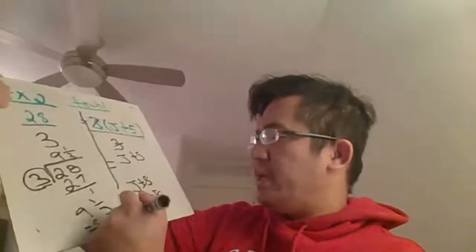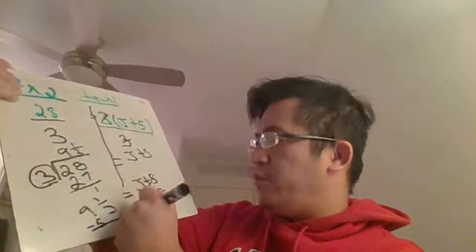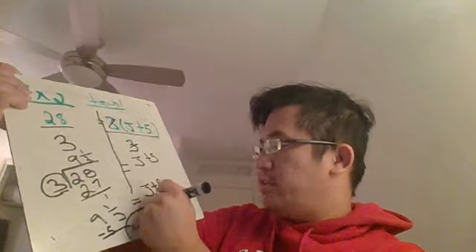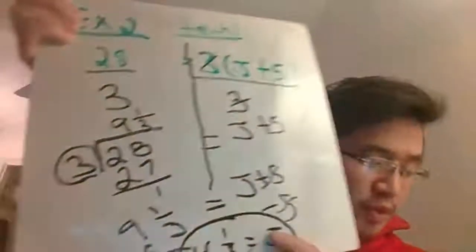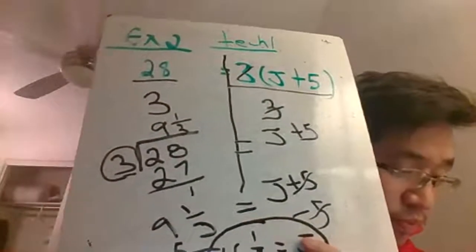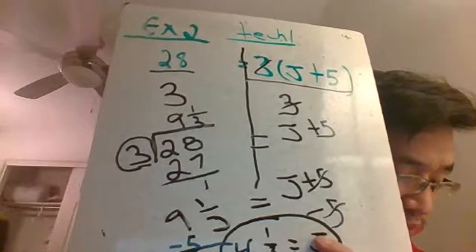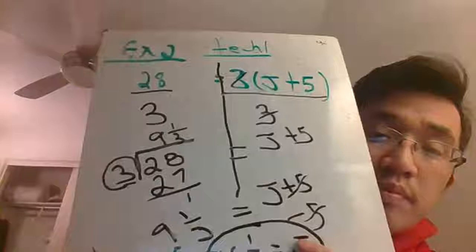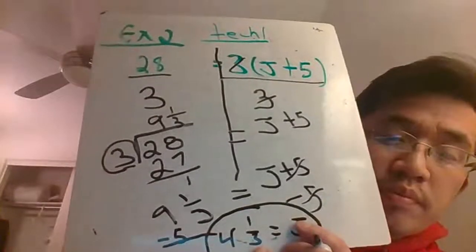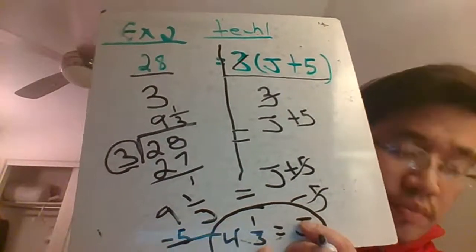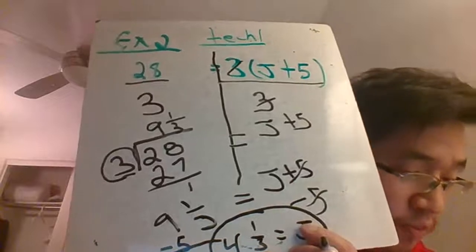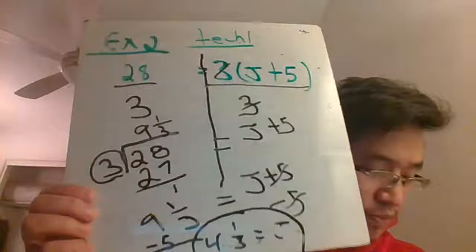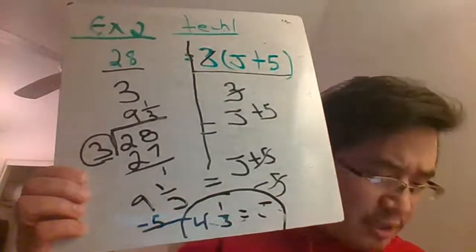What we should get then, as the 5s go away, is 4 and 1/3 equals J. When you're done copying, type down F.